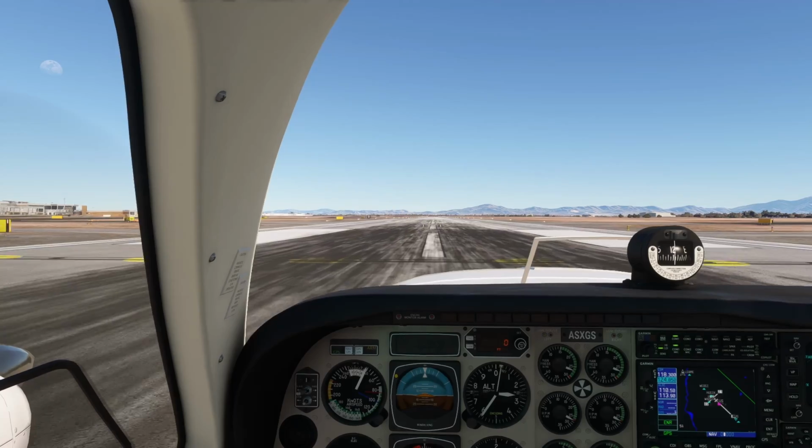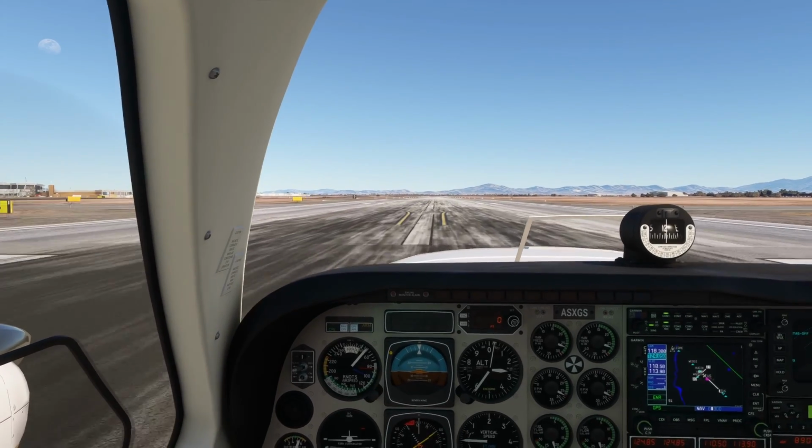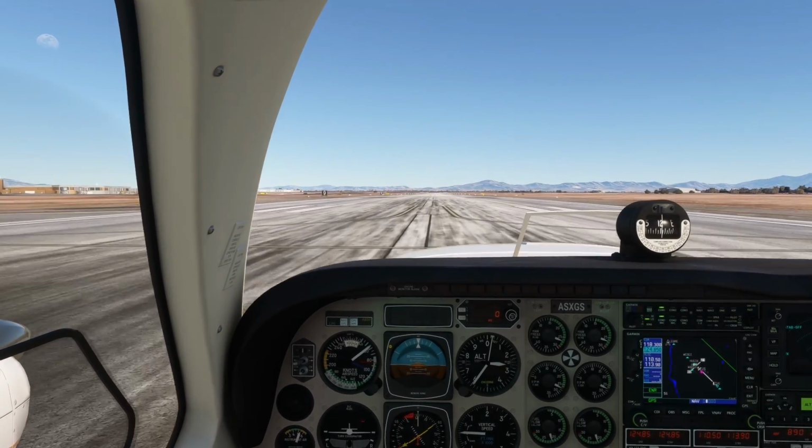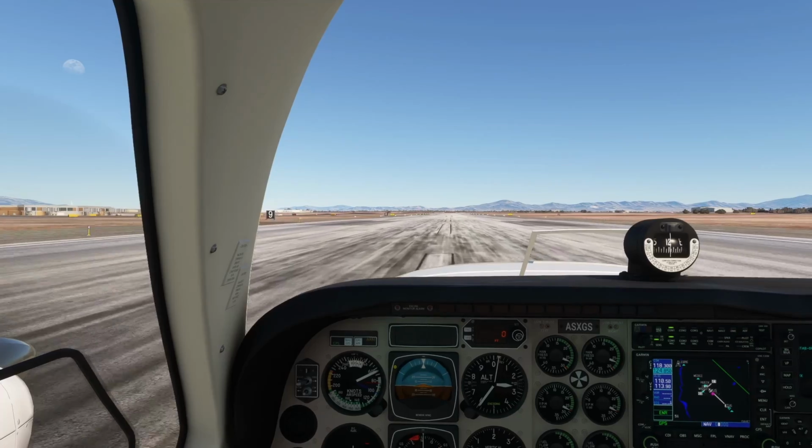This will be a slightly different scenario for the start. We'll turn back around and make sure we get headed in the right direction.